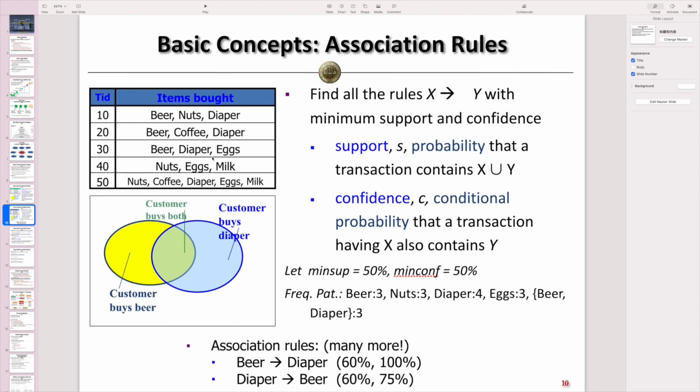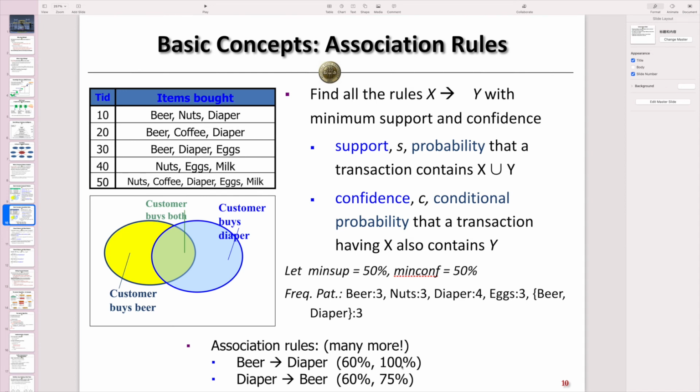We have 3 transactions containing beer, and all of them contain diapers. In other words, its conditional probability for the rule beer implies diapers will be about 100%. Therefore, for the rule beer implies diapers, its support will be about 60%, and its confidence score will be about 100%.